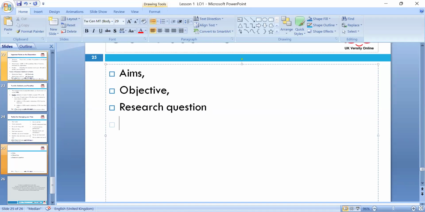Today we also discussed chapter 1, which can be the introduction, where aims and objectives can sit.